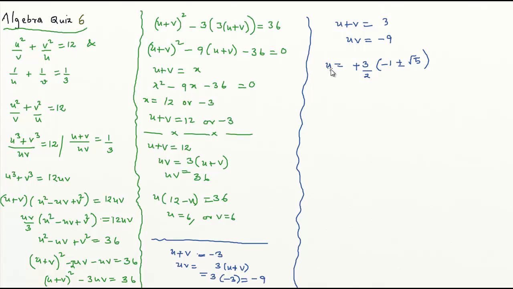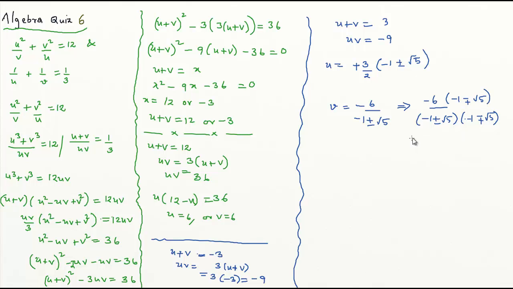And then when I substitute for u in this equation and solve it again, I would get v as minus 6 divided by minus 1 plus or minus square root of 5, which on further rationalization of the denominator is the same as minus 6 divided by minus 1 plus or minus square root of 5, times minus 1 minus or plus square root of 5, over minus 1 minus or plus square root of 5.